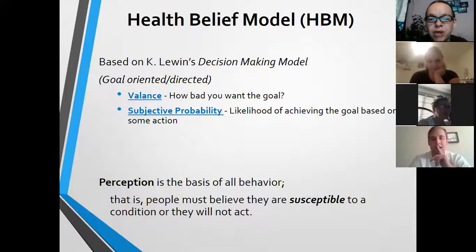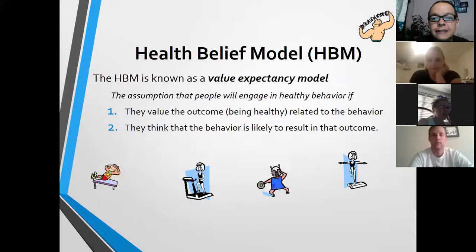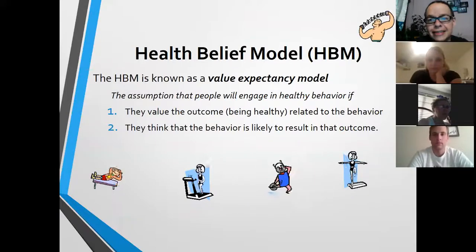What I found about perception, and maybe you're going to agree with me, is that if people are not susceptible to a condition, they will not act. But sometimes people can be susceptible to that condition and even so, they don't act. But maybe that's a little more philosophical than the discussion calls for. And as Jamie said, basically this presentation is the same as what we have read.